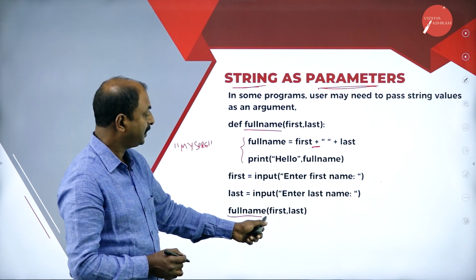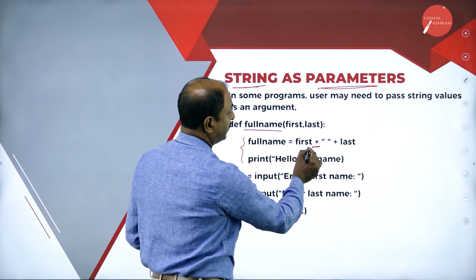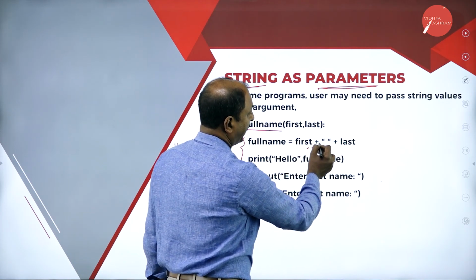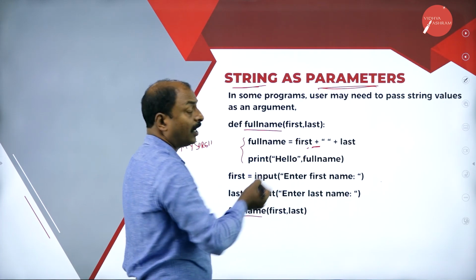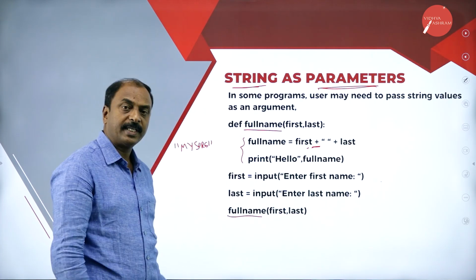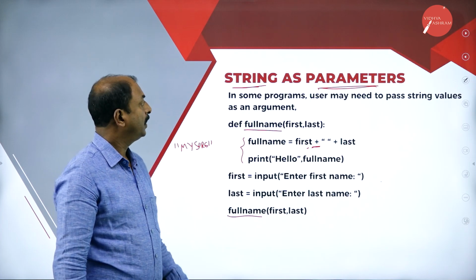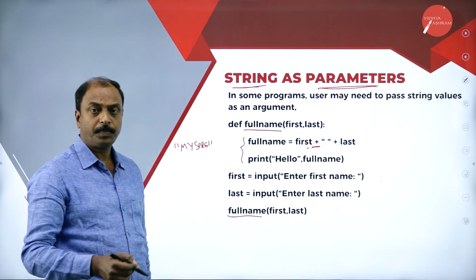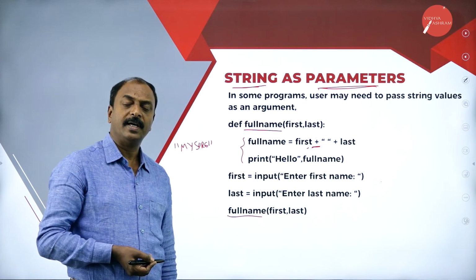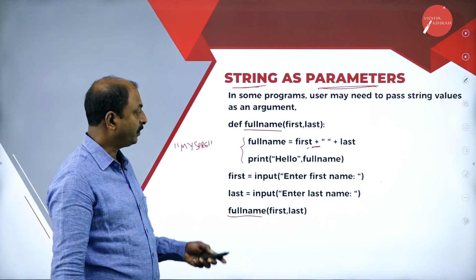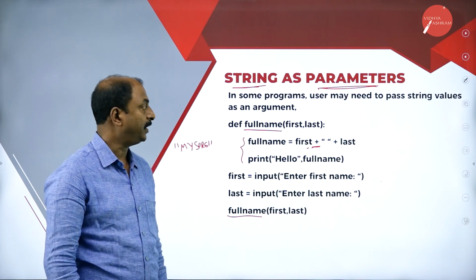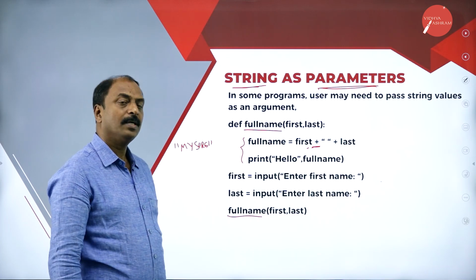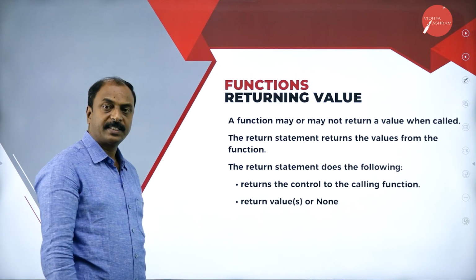Now full name is nothing but the first string plus the second, or last, string. So this is the example program to show a string as a parameter. It is possible to pass a string as a parameter as well as a number, as we saw in our previous example. So this is string as a parameter. Now let us see the next slide.